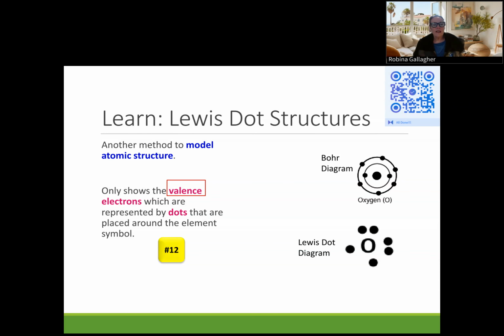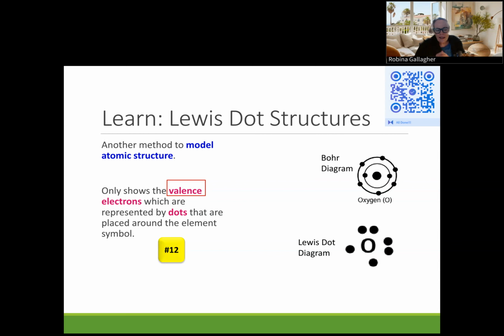Now, what we've been using are called Bohr diagrams, and Bohr diagrams show us a lot about the atomic structure. It shows us the nucleus in the middle, how many energy rings, electron rings there are, and all of the electrons. A Lewis dot diagram is a little bit different.